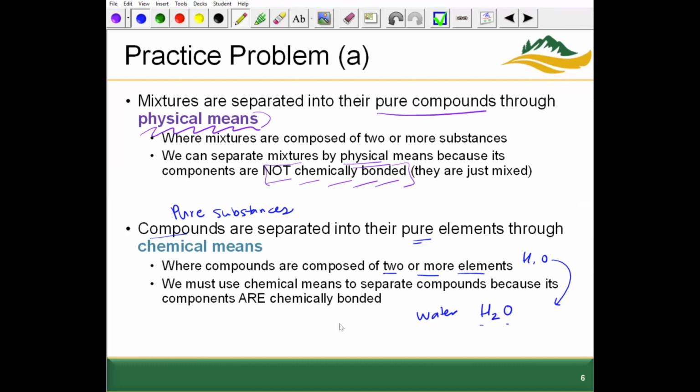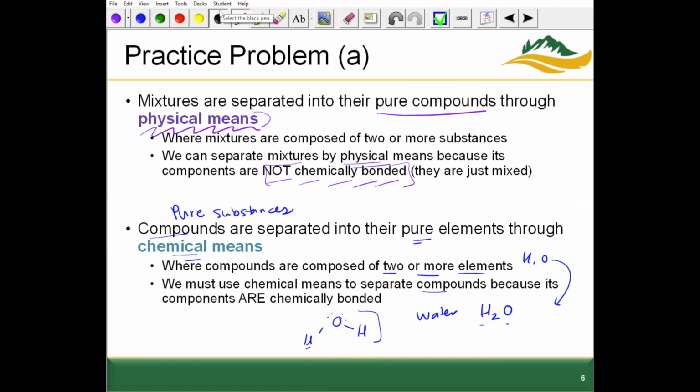Now we'll get into drawing these structures later down the road this semester, but one very distinct property of compounds is that they cannot be separated just by physical means. Instead, to attempt to separate compounds into their individual elements like H and O, we would need to use chemical means.